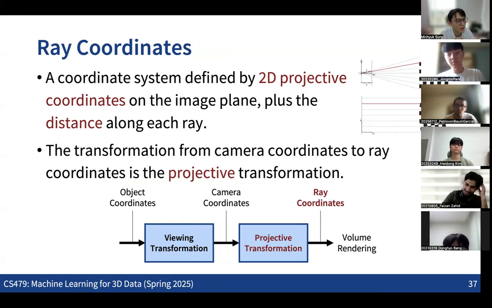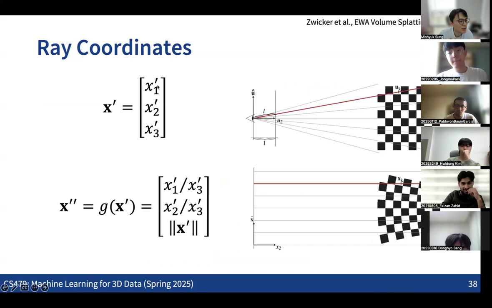The ray coordinates are just directly projecting all the 3D points onto the image plane with the projective transformation. Here the projective transformation is nothing but directly dividing each of the x and y coordinates by the z coordinate. This is the projection from 3D to 2D.